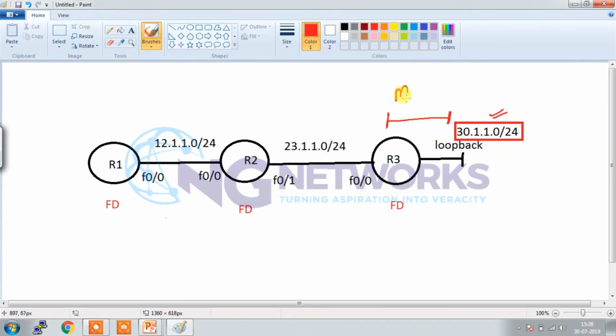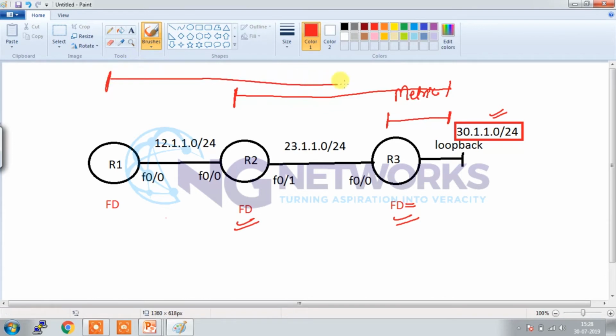The metric from the source, which is R3, to the destination, the 30 network, will be the FD of R3. Similarly, R2 will calculate its metric to reach the 30 destination network, and that will be the FD of R2. Similarly, R1 also calculates its metric to reach the 30 network, and that will be the FD of R1.